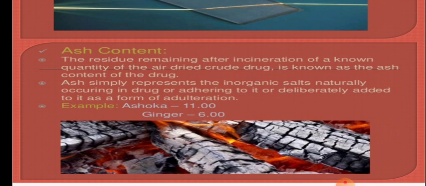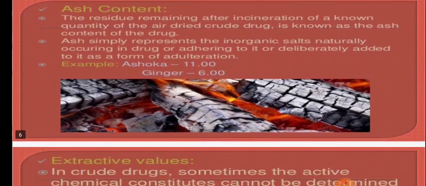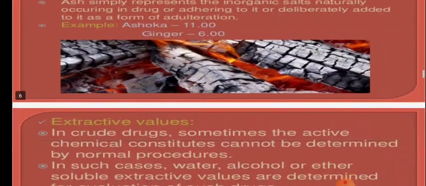The ash simply represents the inorganic salts naturally occurring in the drug, or adhering to it, or deliberately added. For example, Ashoka bark shows 11 after burning, and ginger shows 6. You see this is a good photograph.